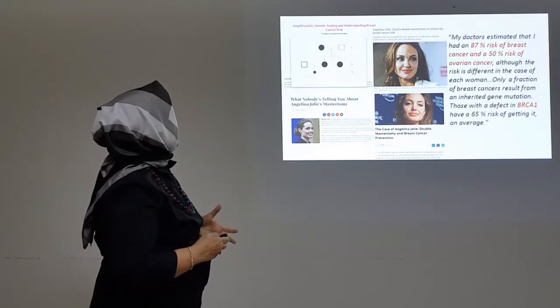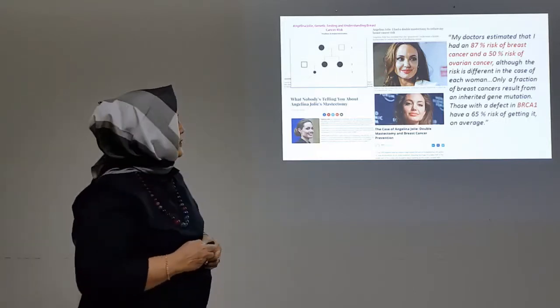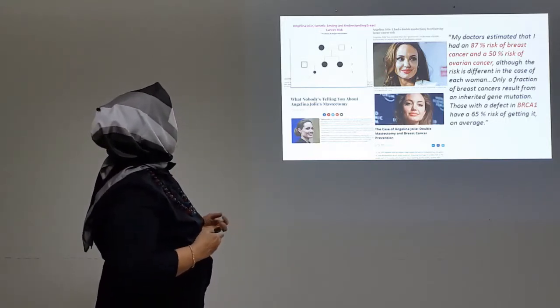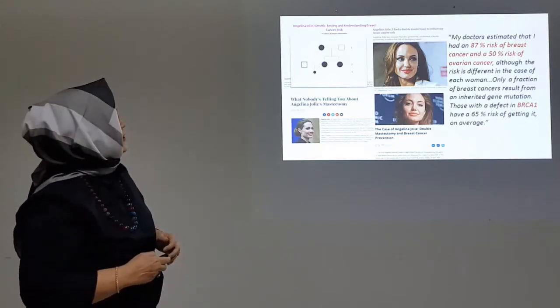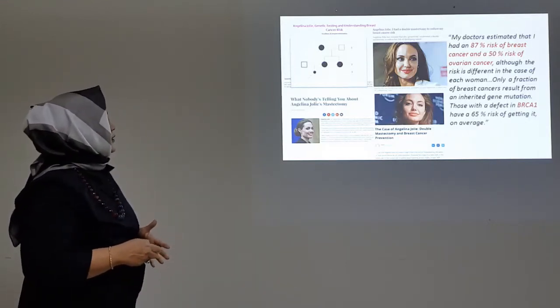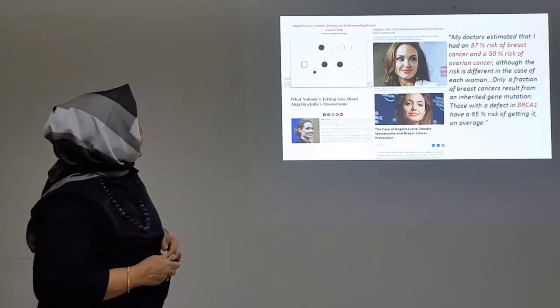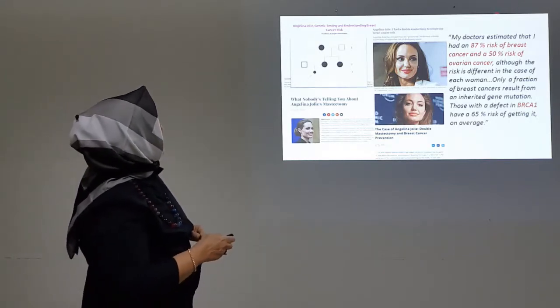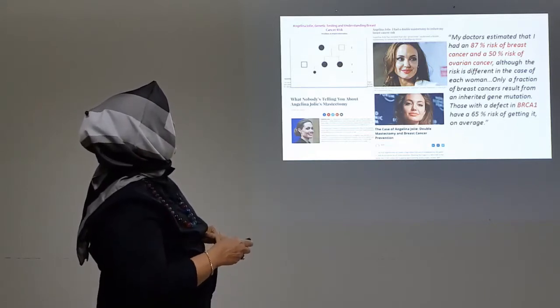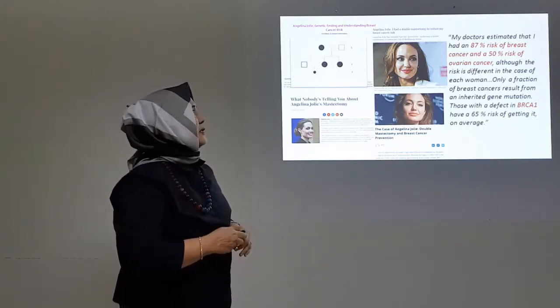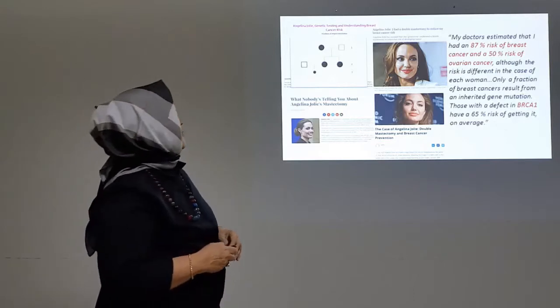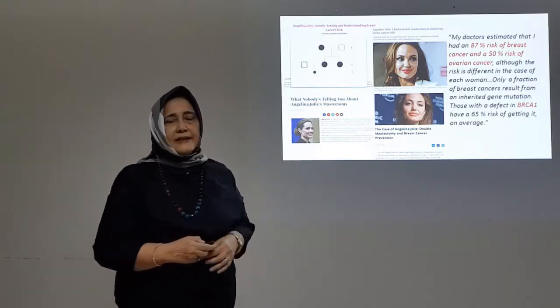She did not want to suffer like her mother. She knew that her mother suffered very much, so she decided to do the bilateral mastectomy, including also oophorectomy, after the doctor said that she carried an 87% risk of breast cancer and 50% risk of ovarian cancer.